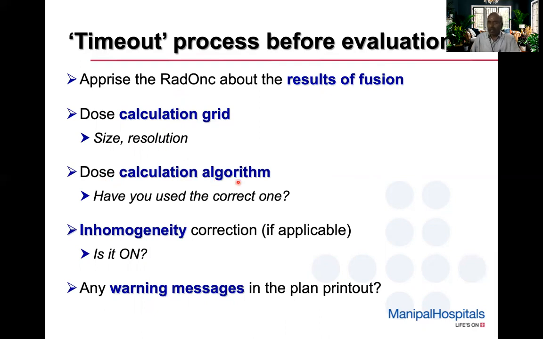Dose calculation algorithm, if the planning system has got more than one algorithm, whether the correct algorithm has been used. And inhomogeneity correction, if applicable, whether it is on or off, and whether the planning system generated any warning message in the plan printout. If so, whether that will have an effect on the dose distribution or not.